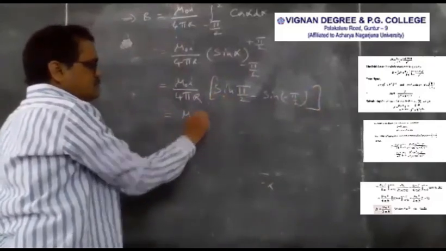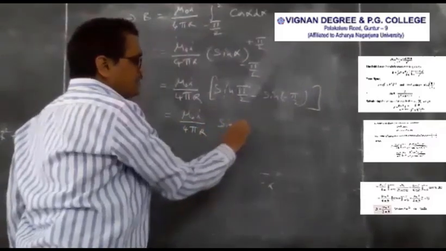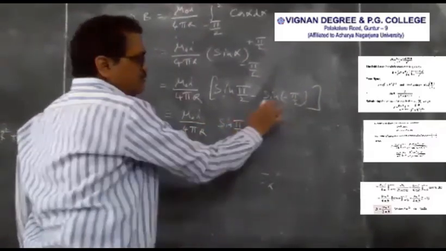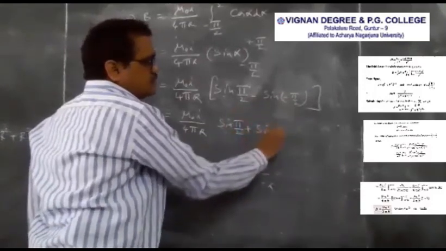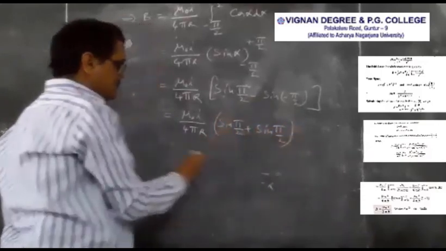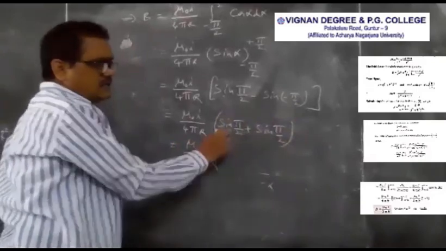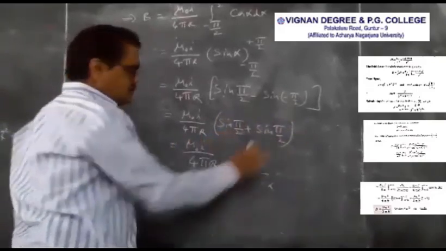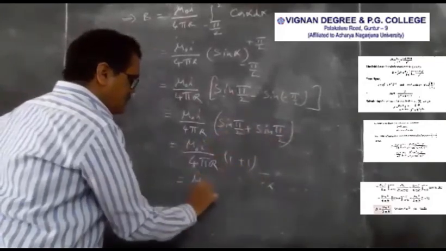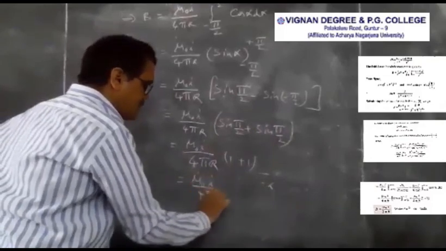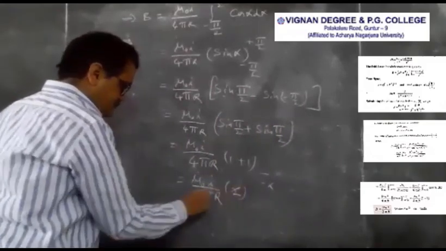That is equal to mu naught I by 4 pi R, sin pi by 2 minus sin of minus pi by 2, which is minus minus plus sin pi by 2. Sin pi by 2 is 1, so 1 plus 1 equals 2.